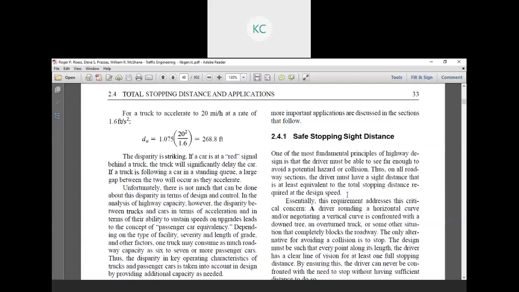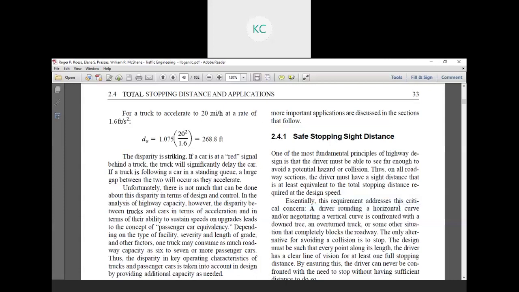Different classifications of roadways or highways have different design speeds. So stopping sight distance is related to the design speed as well as the design vehicle. Stopping sight distance is providing a sight distance to the driver so that they can stop the vehicle without any collision at the design speed.